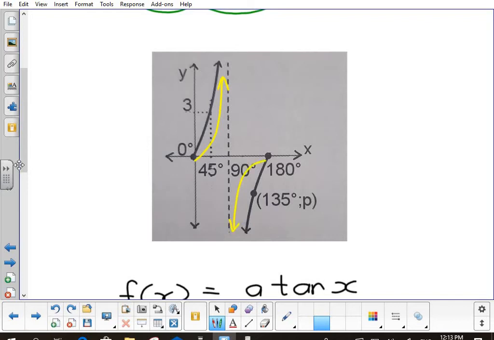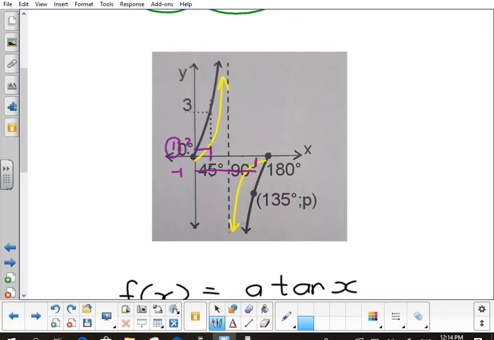Because in my standard form, when I get to 45 degrees, the value is 1. And that will happen every 90 degrees. So here by 135, you're going to get minus 1. And that is what I know of the standard form.